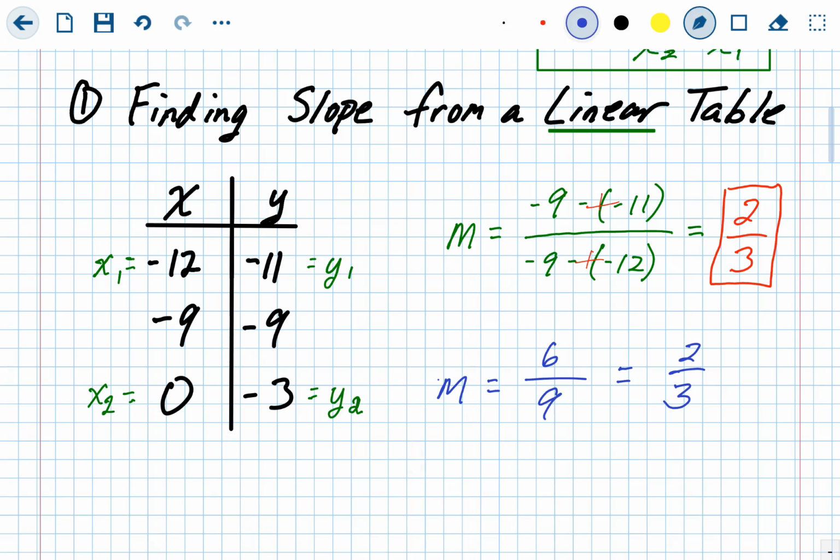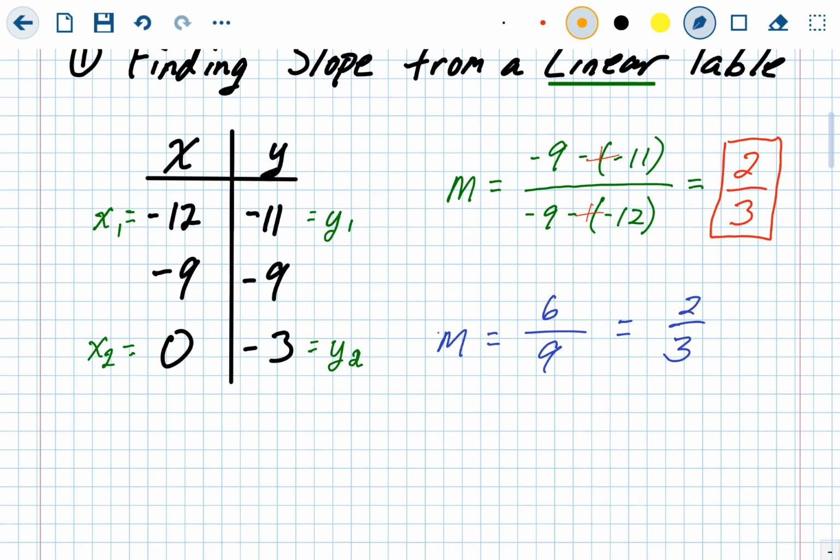Well, you can do the same formula, and again, we should get 2/3 out because the constant rate of change, regardless of which 2 points you pick, will always be the same. So in this one, it would be negative 3 minus negative 11 for the change in y's, and the change in x's would be 0 minus negative 12.